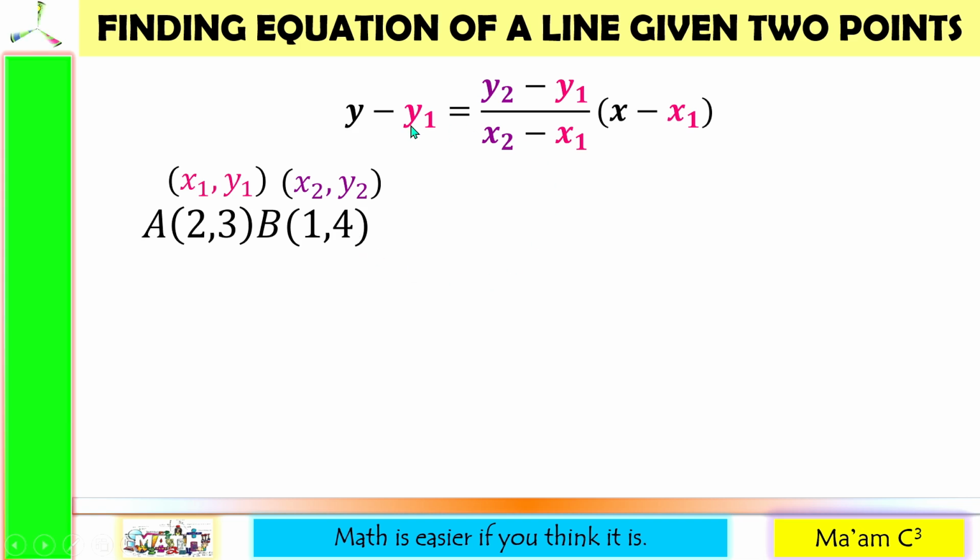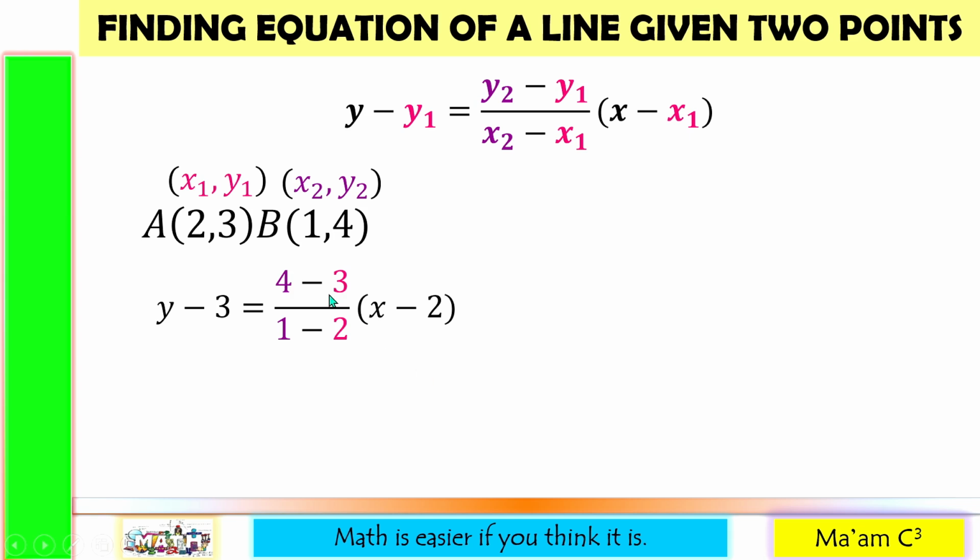Now let us substitute. y minus y sub 1, our y sub 1 is 3, so we have y minus 3. Copy equals, and then we have y sub 2, this is 4, and then minus y sub 1, our y sub 1 again is 3, so minus 3, all over our x sub 2, this one is 1, minus x sub 1, our x sub 1 is 2, so minus 2, times x minus x sub 1, our x sub 1 is 2, so times x minus 2.